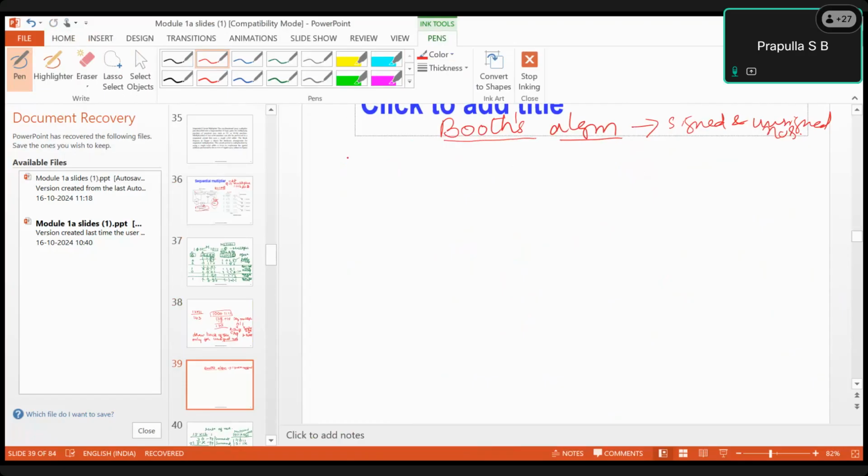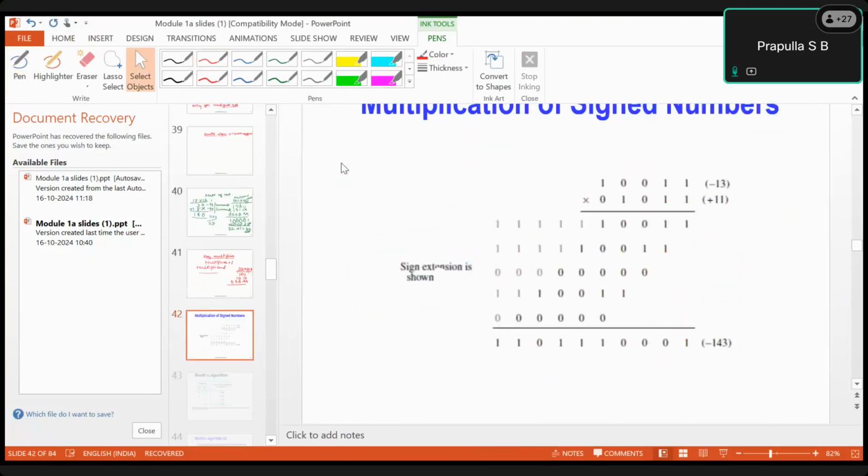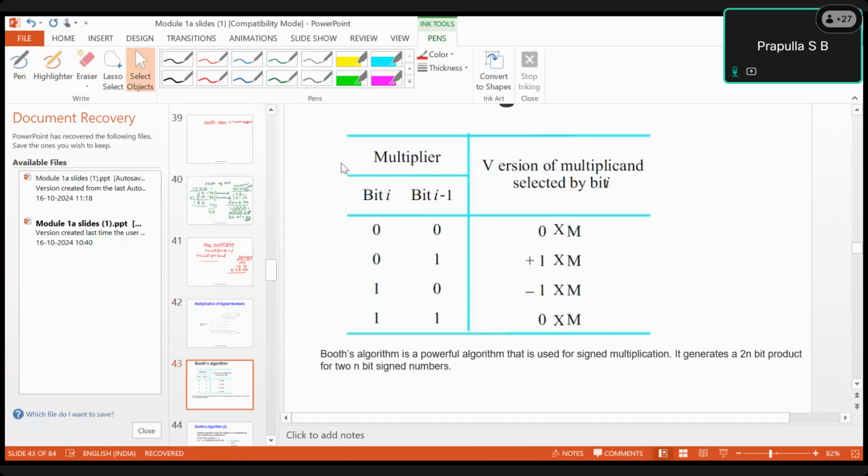This Booth's algorithm follows a principle. Whatever we saw just now, for negative numbers, the sequential multiplier was not working. Say, for example, I am multiplying numbers like this.